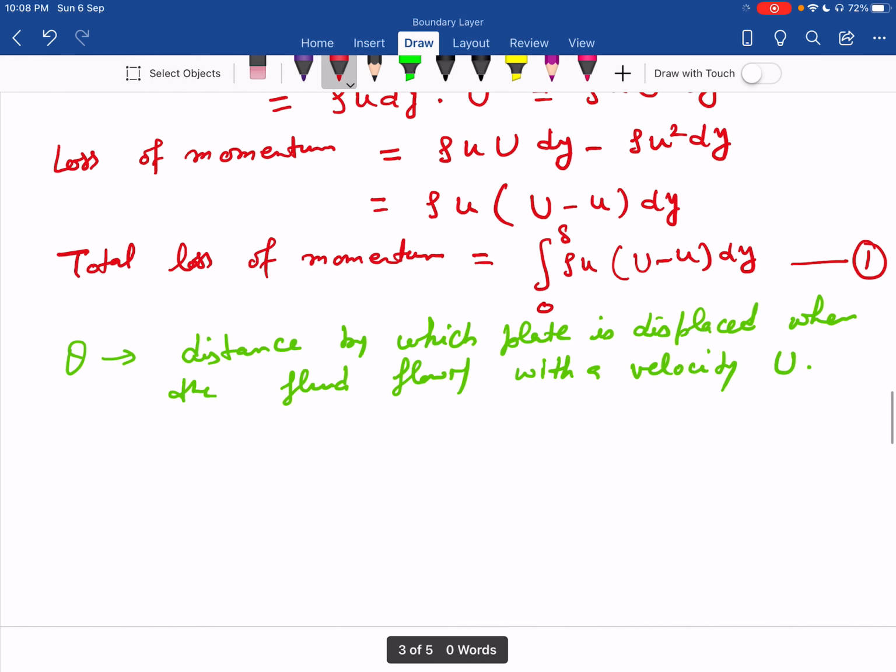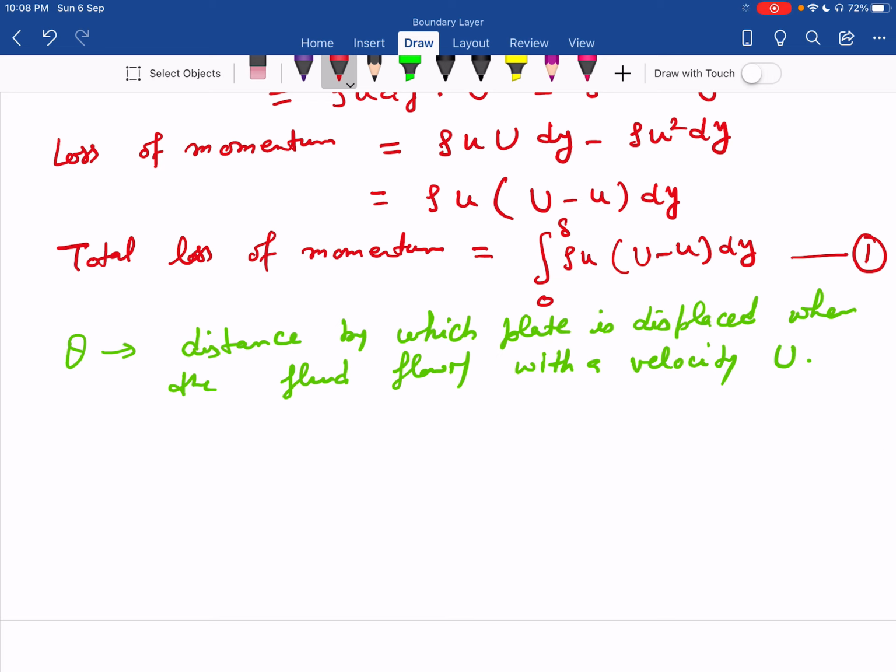Okay, so now I can write the momentum. First you write the mass loss, that is the loss of mass flow rate by the movement of the plate by distance theta.